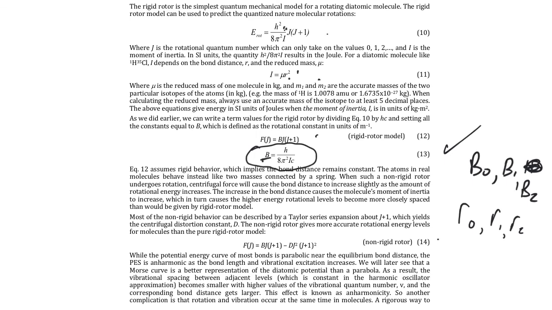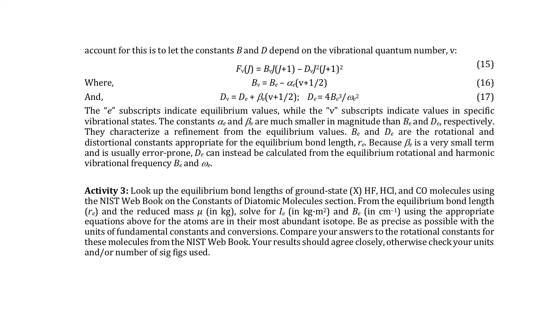Equation 14 is getting into the non-rigid rotor model as we were discussing, and then moving on to one more set of equations before we get to the activity. Here is the non-rigid anharmonic model for B and D, and then a more general expression for B_V and something called B_E and alpha_E, and then D_E and beta_E.